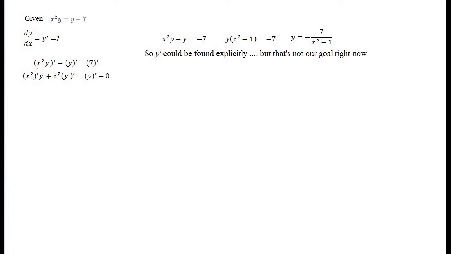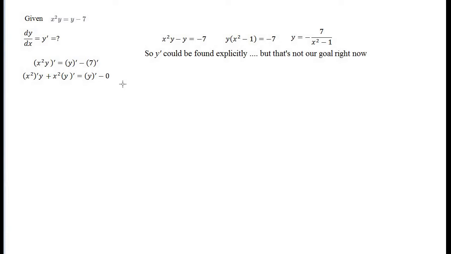Product rule, we've seen how to manage something like this before. x squared prime times y plus x squared times y prime, the derivative of y as a variable. That's a straightforward application of the power rule. And on the right hand side again, we're going to have y differentiated, and the derivative of 7 is clearly going to become 0. Okay, I hope it's so far so good.